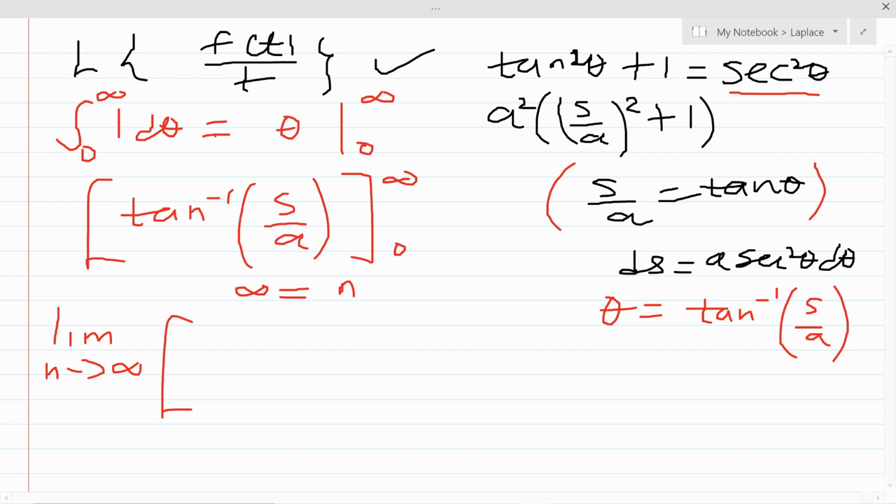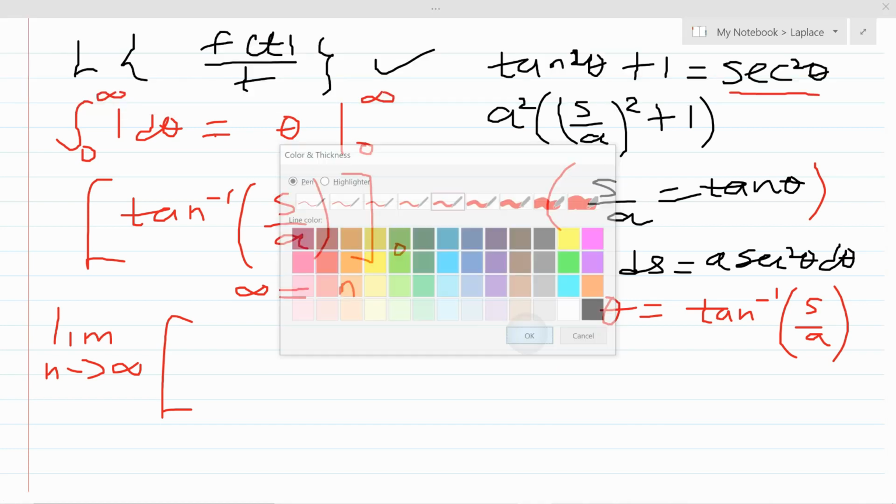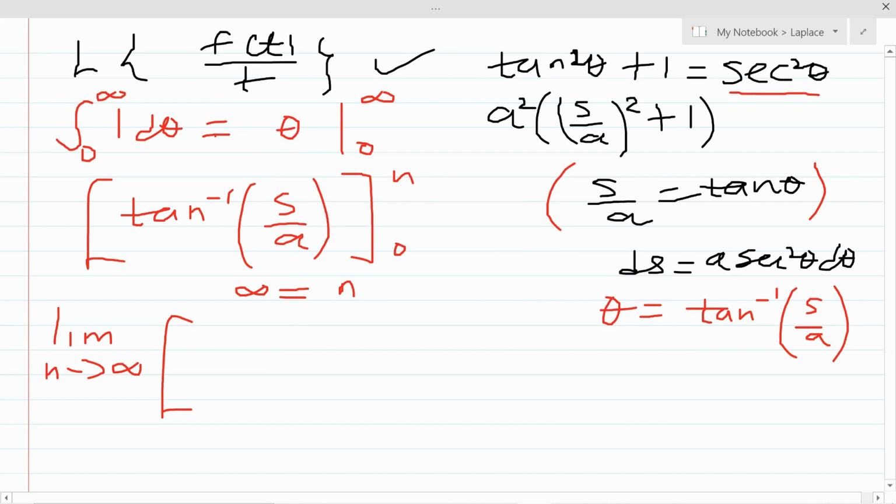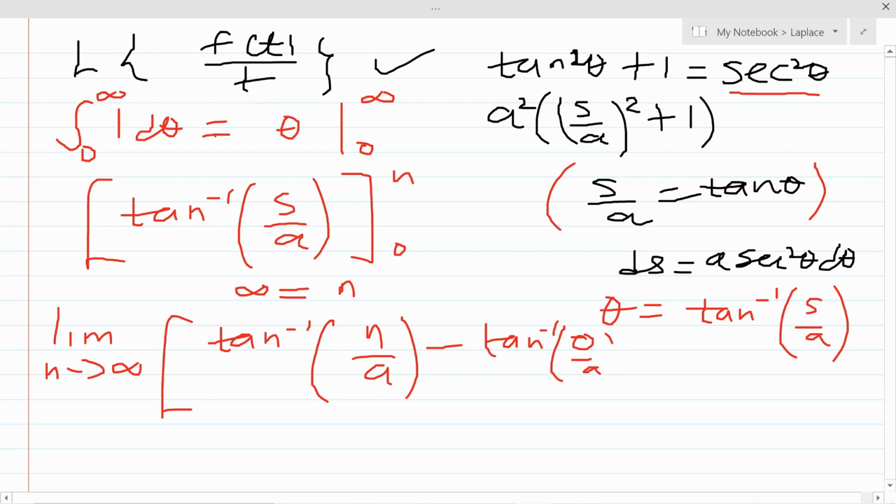So our infinity here will change to n. When I put n in, it becomes tan inverse of n over a minus tan inverse of 0 over a.